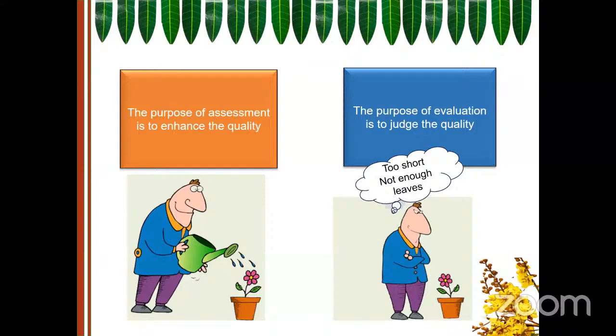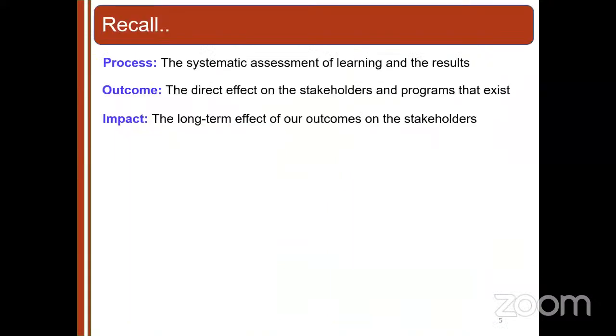Once you assess the quality, and enhance it by giving very good nutrition to the soil, after some time you understand that the leaves are very short, or the flower is not blossoming so much. So there is scope for improvement. With this analogy, how can we relate this to academic terms? Let us see in the next few slides.